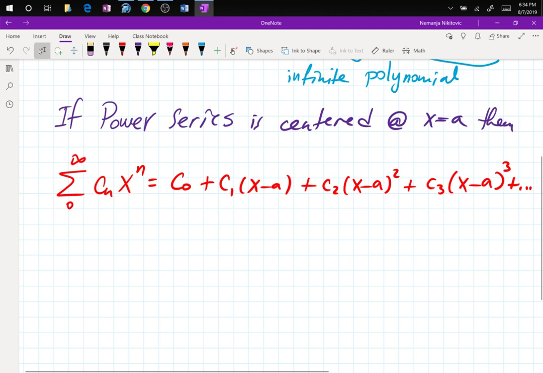And then you can take e to the 3x times sine and write those as two infinite polynomials and multiply them together and completely skip those evil problems when you have to do integration by parts twice, because you will be just integrating a polynomial instead of those functions. So this has a huge potential. It can approximate functions, approximate values. It can turn stuff that you can't integrate into something that you can integrate because you're integrating a polynomial.